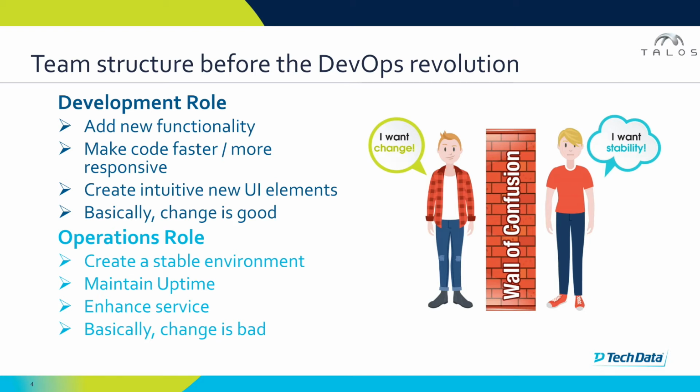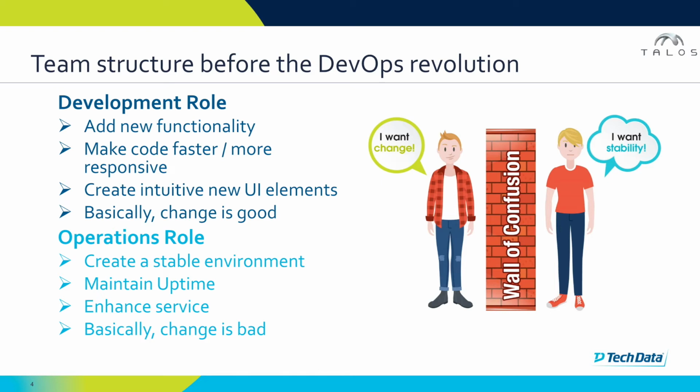Effectively, they want to change the product and make it better. The operations role typically is around maintaining uptime, having a stable environment, and enhancing the service to the user, not necessarily giving them new features, but just making sure that the features they have are there for longer. Which essentially boils down to the developers thinking change is good and ops thinking change is bad.